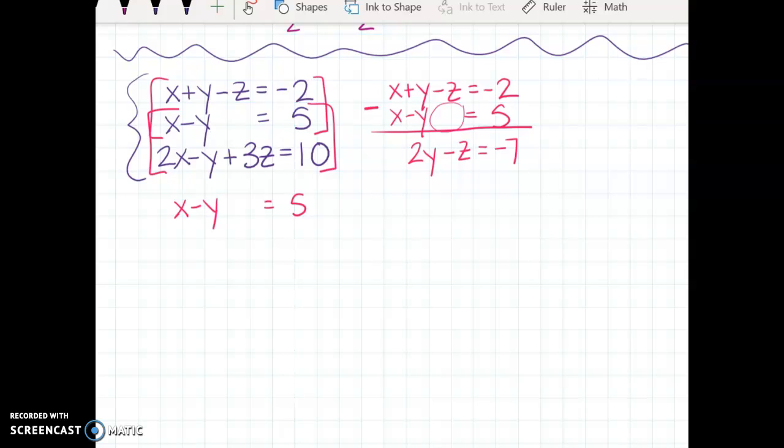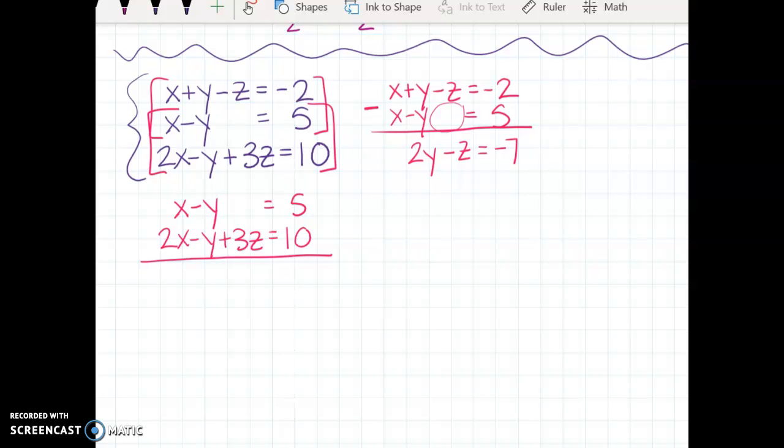Now let's do the bottom 2. You could do the top and bottom if you want, doesn't matter. X minus y equals 5. 2x minus y plus 3z equals 10. We got rid of x's last time, so we have to get rid of x's again.